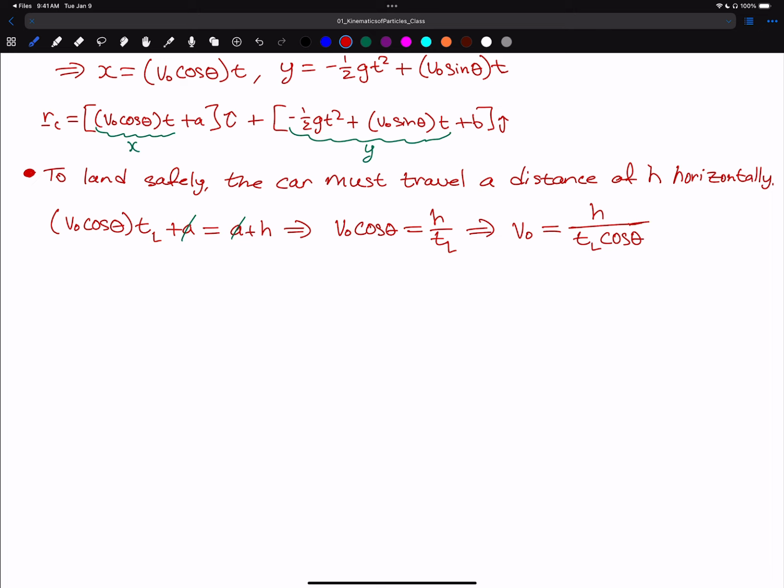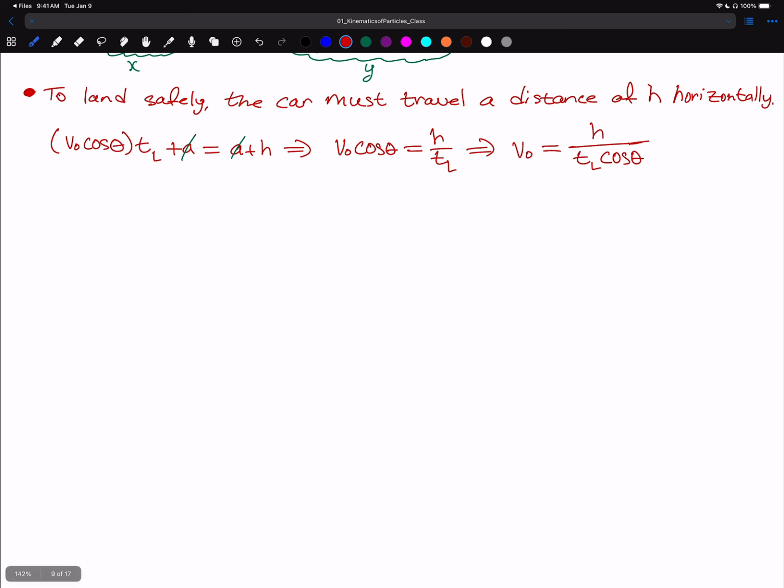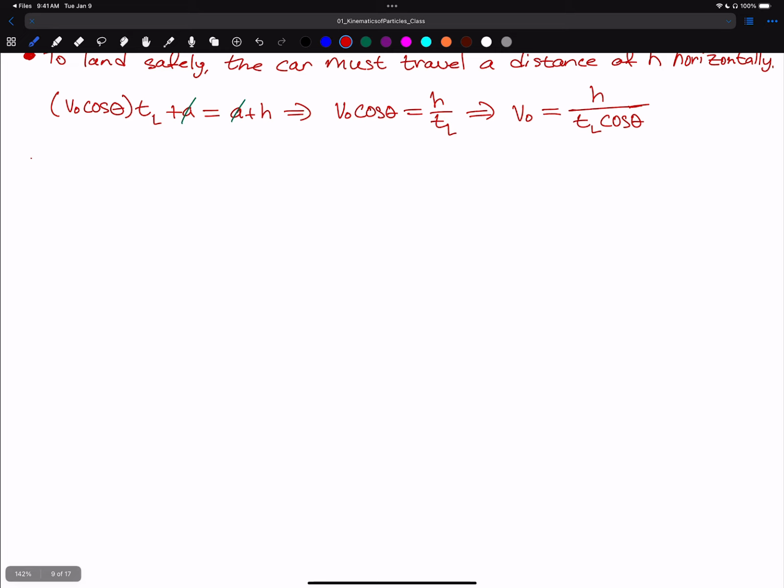Fantastic. But we don't know what TL is, and we now need to find what that is. So let's write here that we need to find TL, and we're going to use the j component to do that, or y of t.